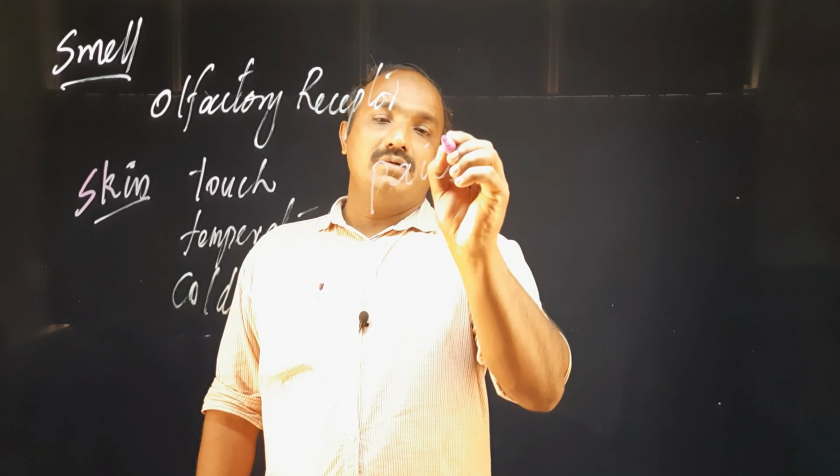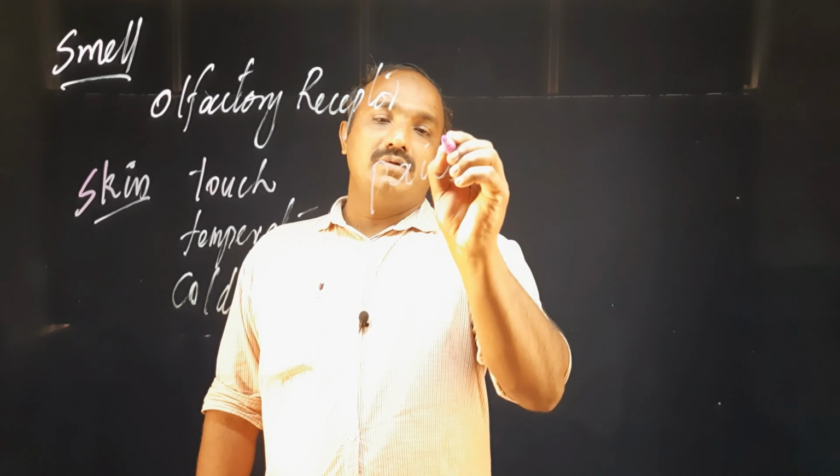For touch detection, there is a special receptor called touch receptors. Very easy to remember. For temperature, there are temperature receptors. For cold, there are cold receptors. For pain, there are pain receptors. For pressure, there are pressure receptors.